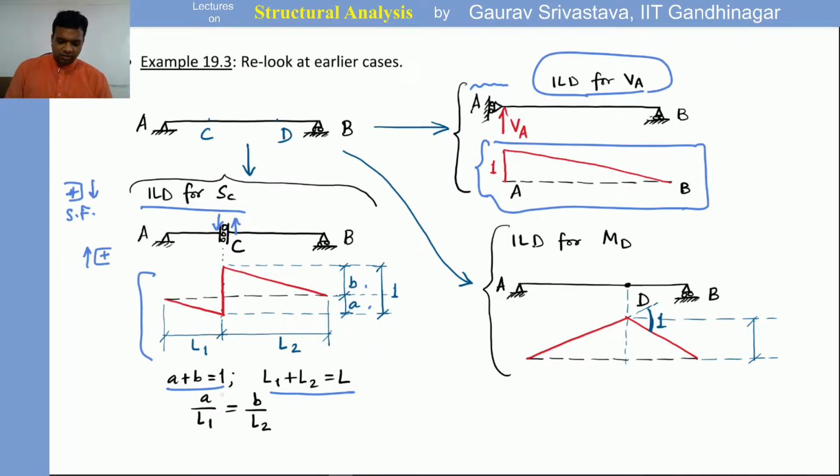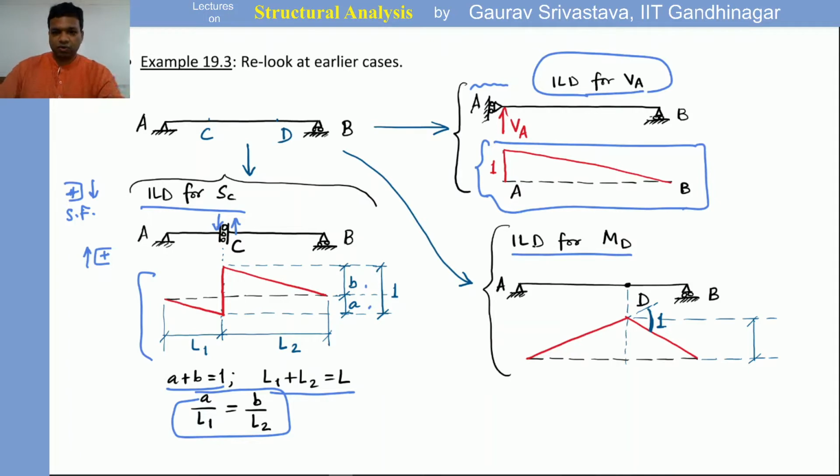And we also know by similar triangles that A by L1 and B by L2 are the same. The slopes are going to be the same because for moment we are not doing anything, we are cutting it for shear force. You can relate this to the earlier discussions when we were doing it with the principle of virtual work for rigid bodies.